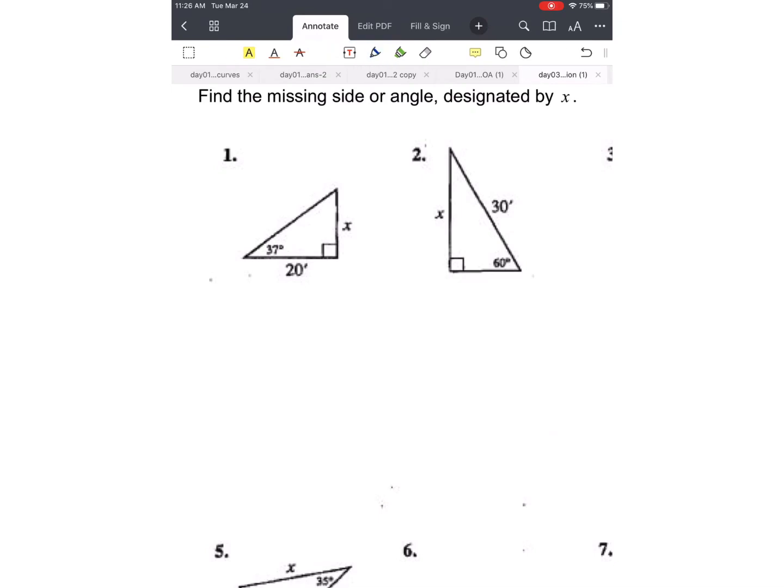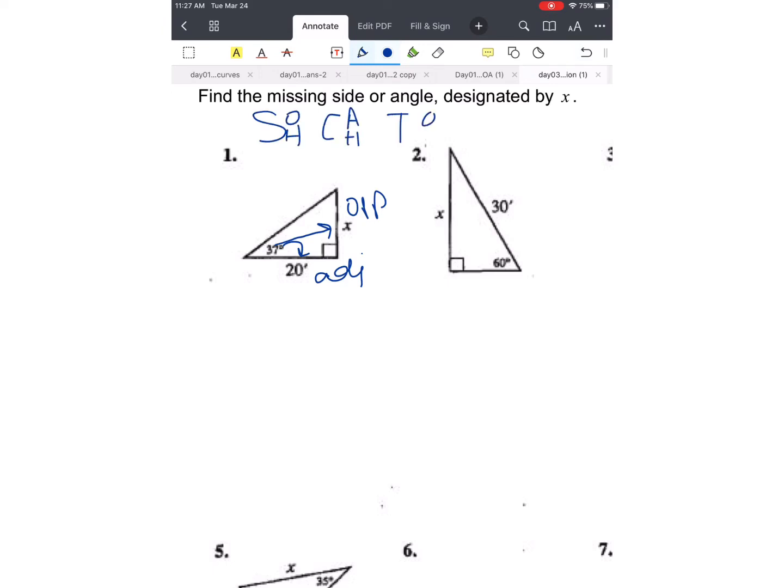Okay, this is very important that you realize that you label and know where everything is. So right here, that is my opposite. This is my adjacent. So this is going to be SOHCAHTOA.